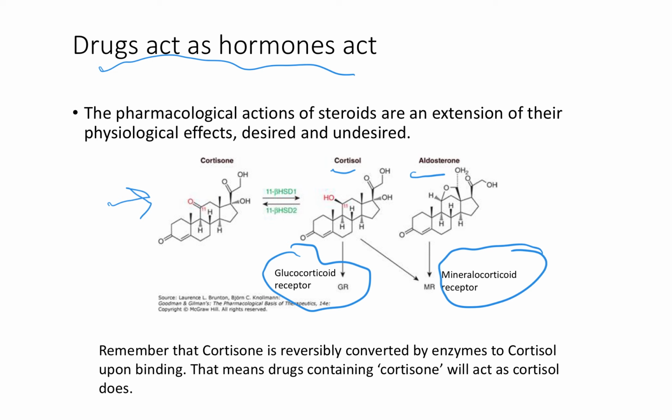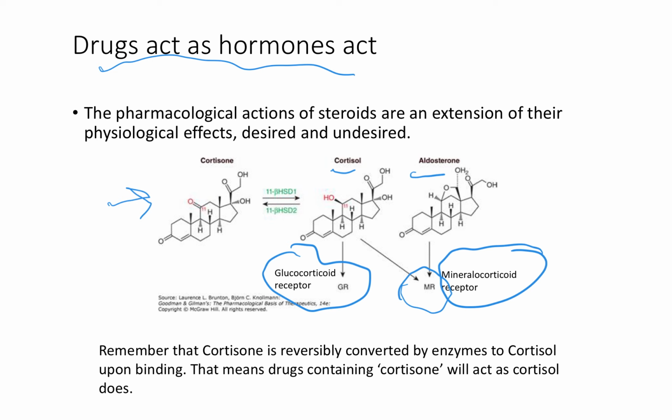Another important thing to keep in mind is that cortisol substances, so glucocorticoids, can also bind to mineralocorticoid receptors, which means that cortisol in and of itself has both glucocorticoid and mineralocorticoid effects, where aldosterone does not have glucocorticoid effects.